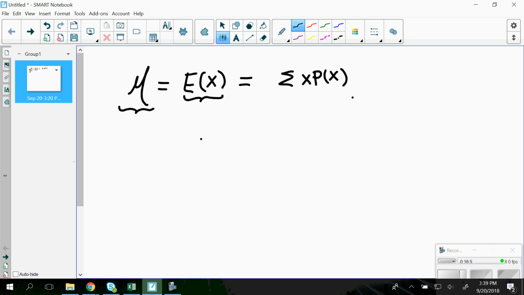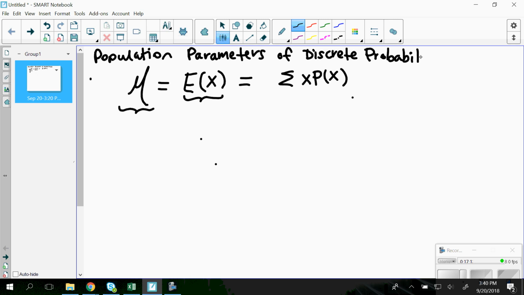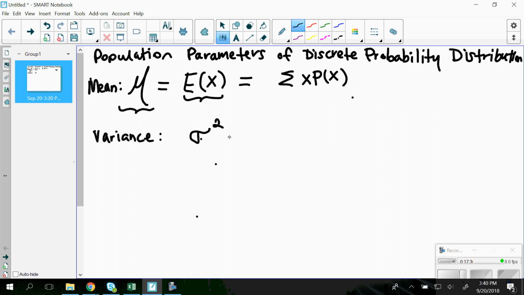So these are the population parameters of a discrete probability distribution, and that was the mean, and then there's the variance, which is sigma squared, which is the summation of x minus mu squared times p of x.